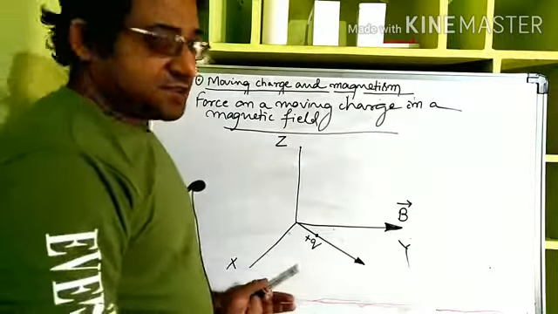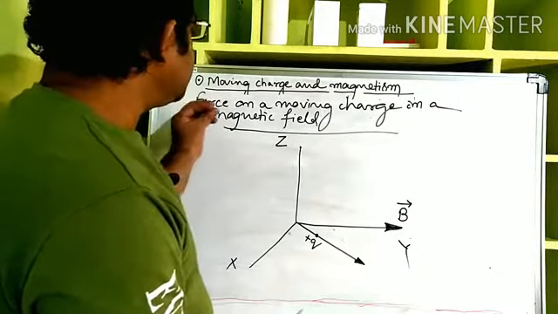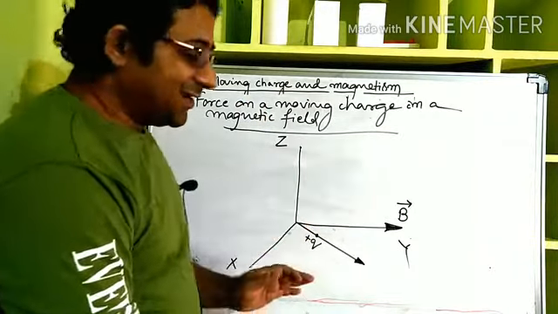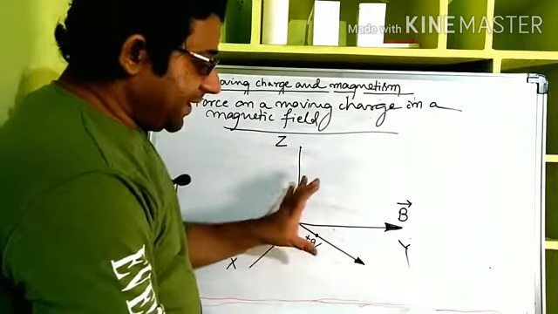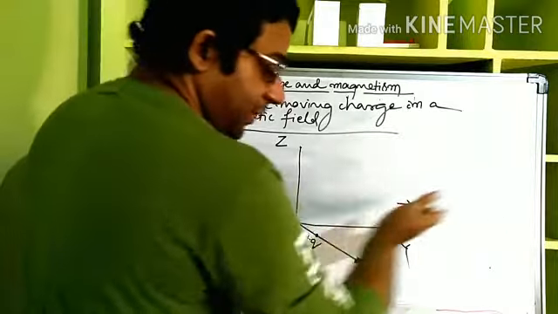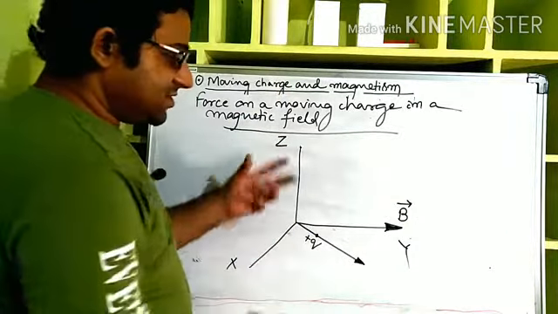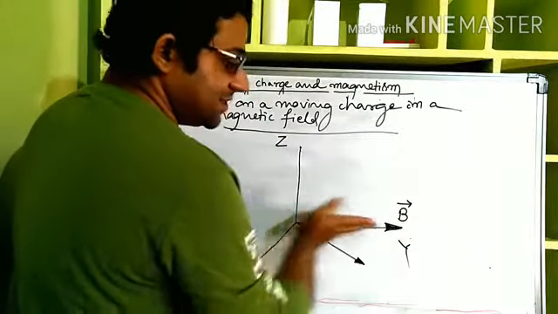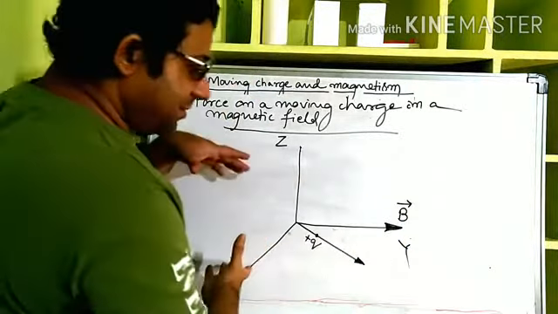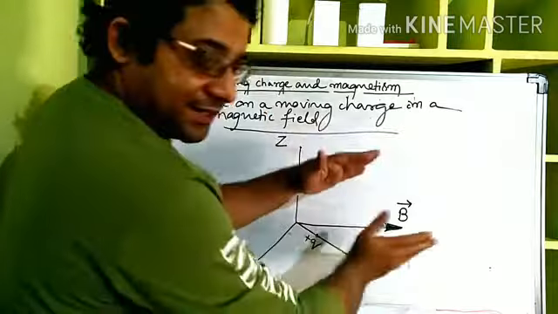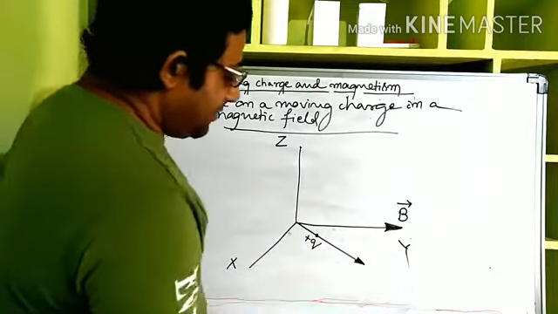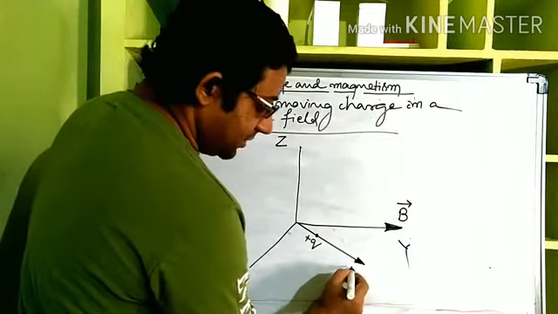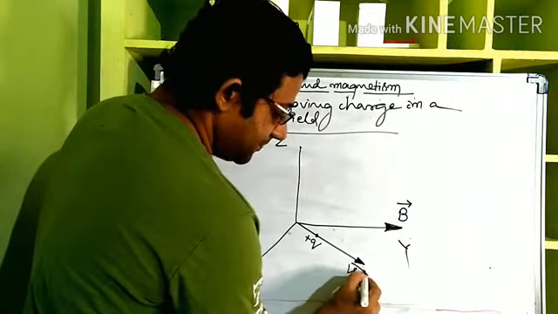Clear? The next concept we are going to understand is the force experienced by a moving charge in a magnetic field. Let us say the magnetic field is along y, in the x, y, z three axes we have shown. Along this y direction the magnetic field is there, meaning the magnetic field lines are aligned in that direction. Now imagine that a positive charge is thrown at a particular speed v.